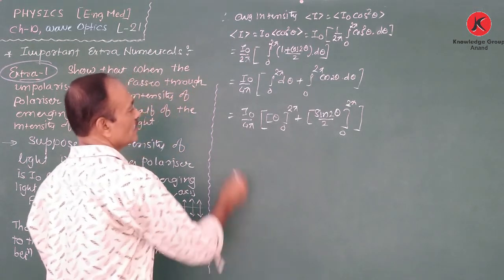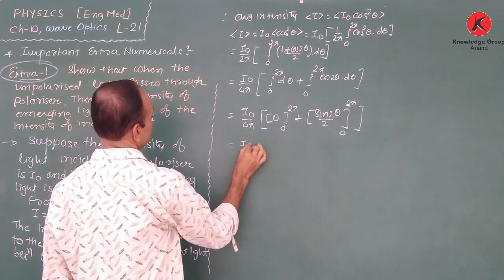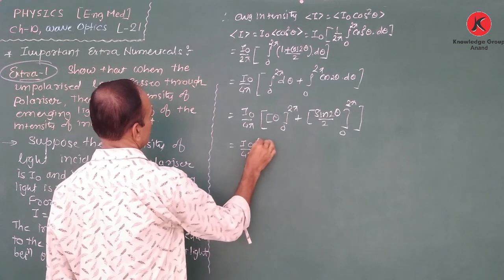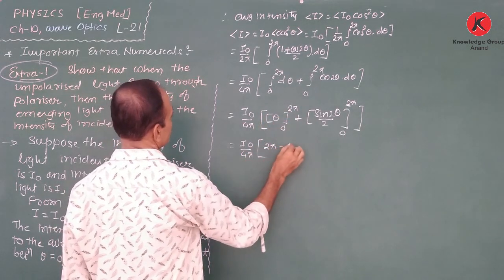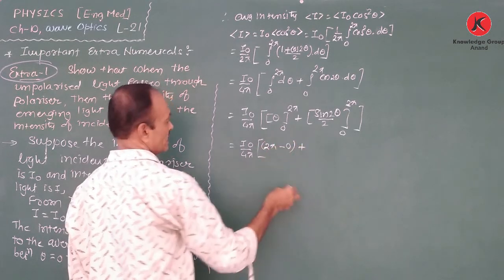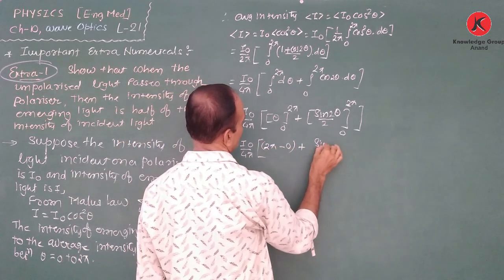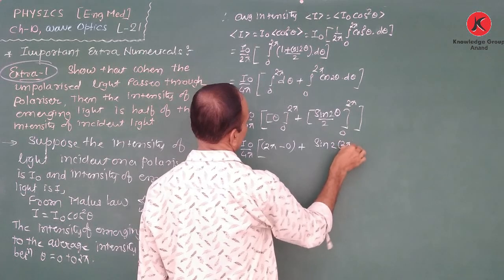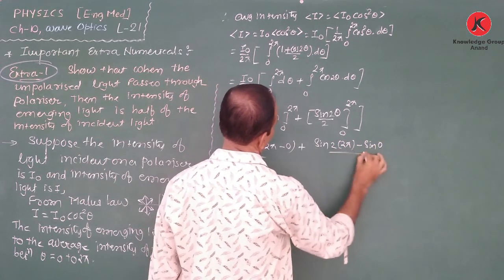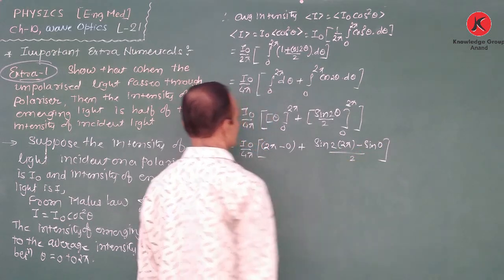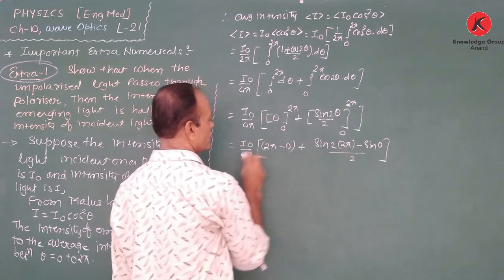We substitute the values: I0 upon 4 pi, first substituting theta equal to 2 pi, then subtracting 0, plus sine 2 into 2 pi minus sine 0 by 2. These sine values are 0.